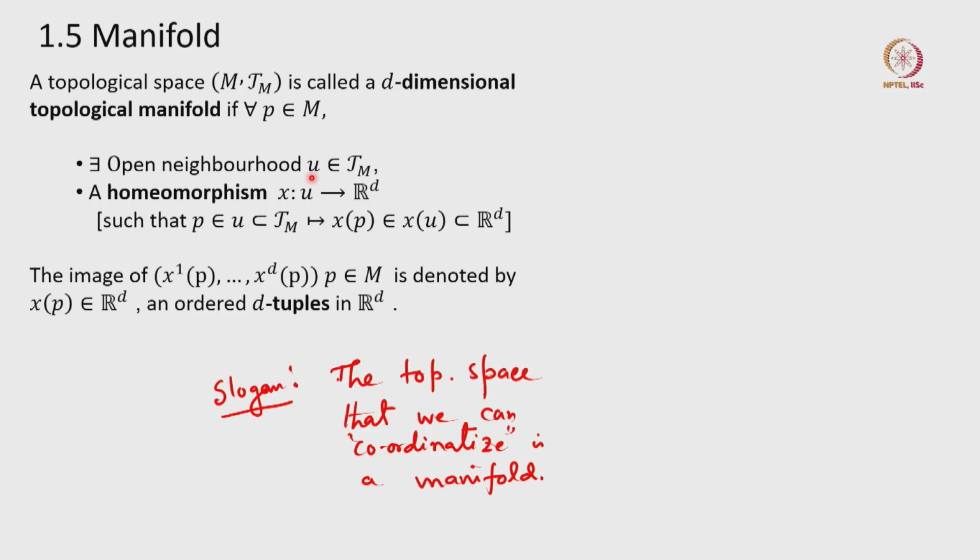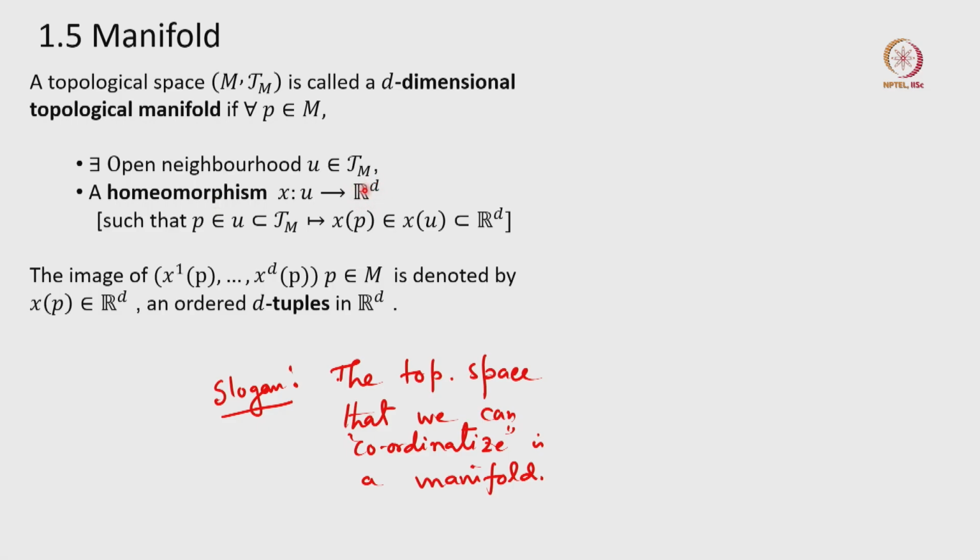At every point in an open neighborhood, I will have a homeomorphism, I will have a map which will take me from this topological space locally to R^d. This is very important. It has to be R^d, not a homeomorphism to any other manifold or topological space, it has to be R^d.